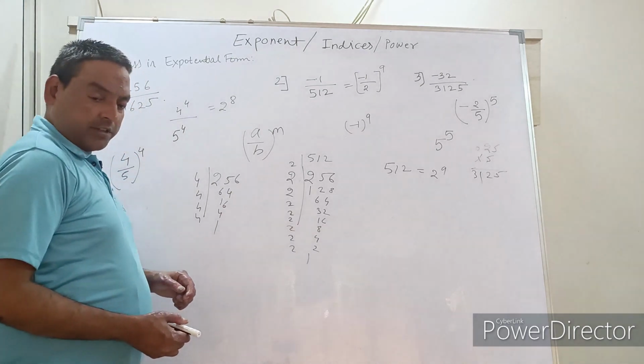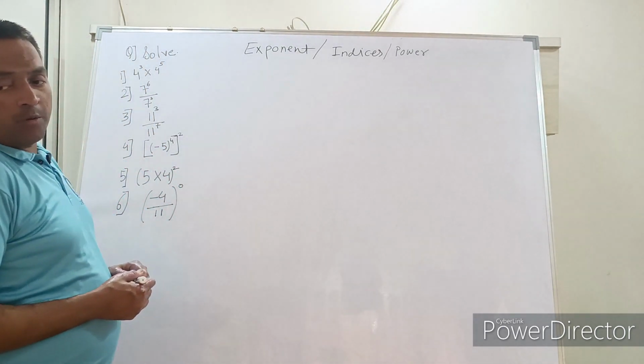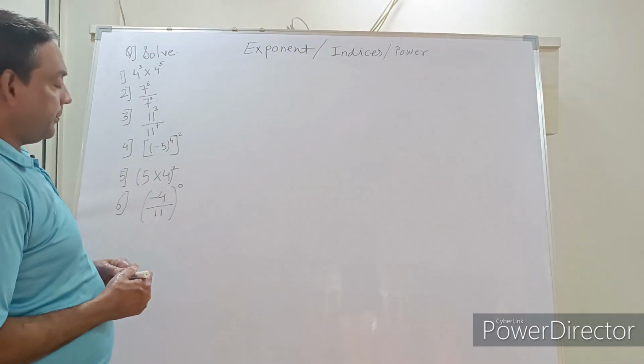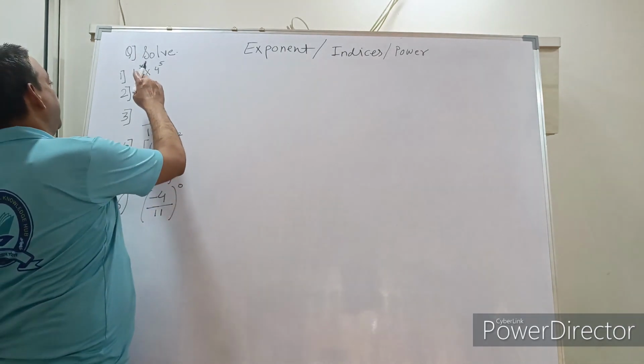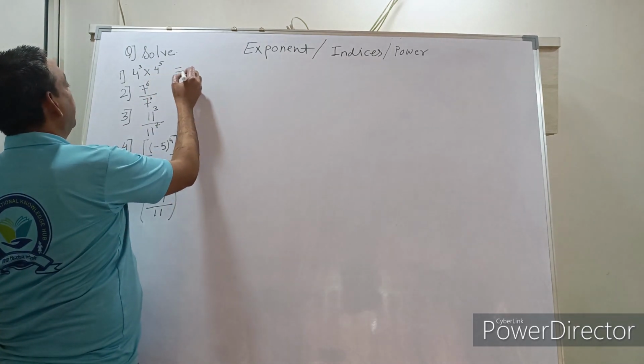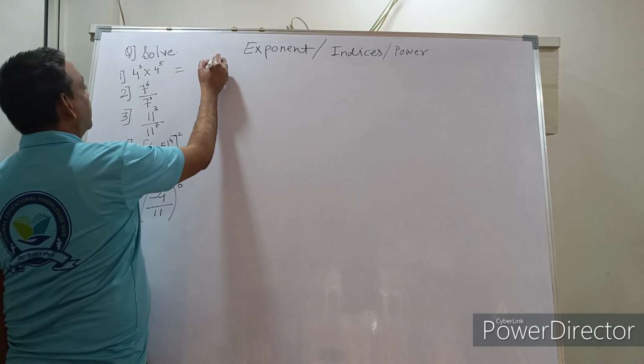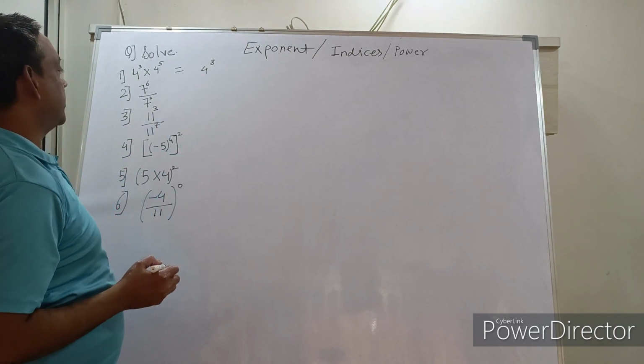Okay, let's do the next part. Let's do a few more sums based on the formulas we did. When the bases are the same and multiplication is given, we have to add the powers. Here both bases are 4, so 4 raised to 3 plus 5, that becomes 4 raised to 8.